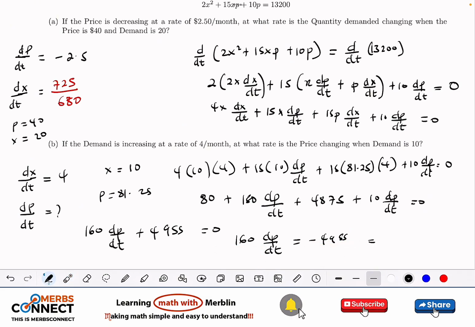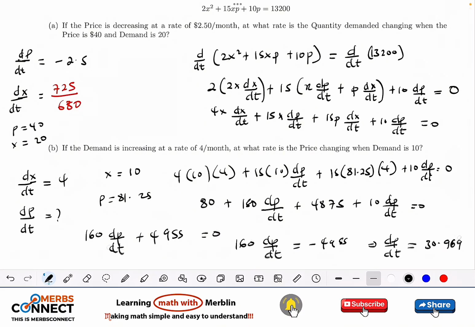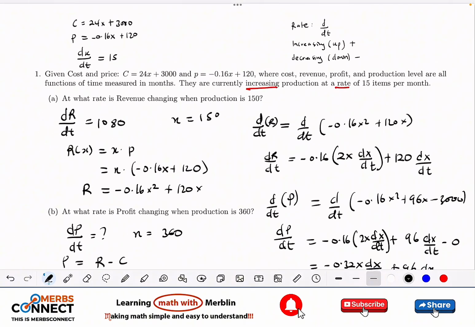So we are going to have dp over dt to be equal to, this divided by 160 is going to give us 30.969. So this is what you are going to get for dp over dt.